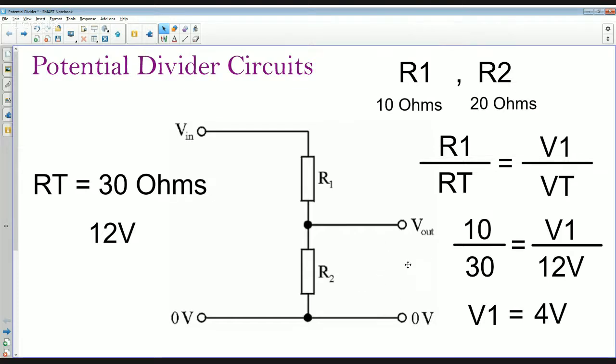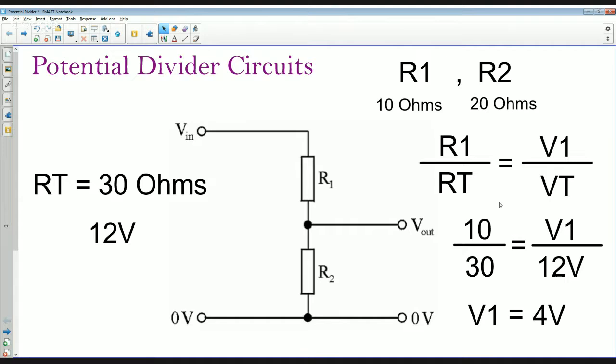So this is the input circuit, this is the output circuit, and we want to get something powered up based on the voltage that we want. If you do the calculation for V2, you should get 8 volts. I'm not going to work it out here. You can work it out yourself. There are two ways to do that.